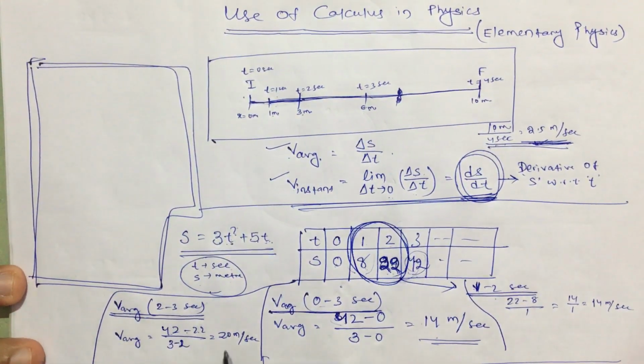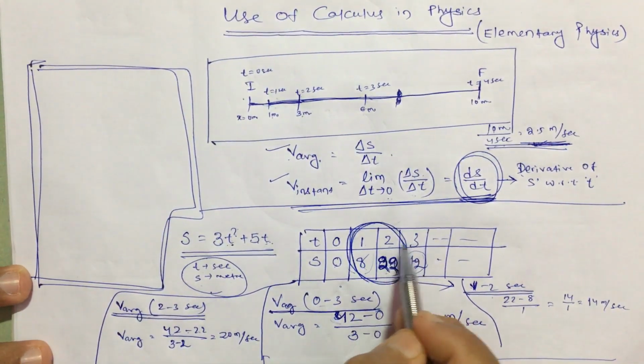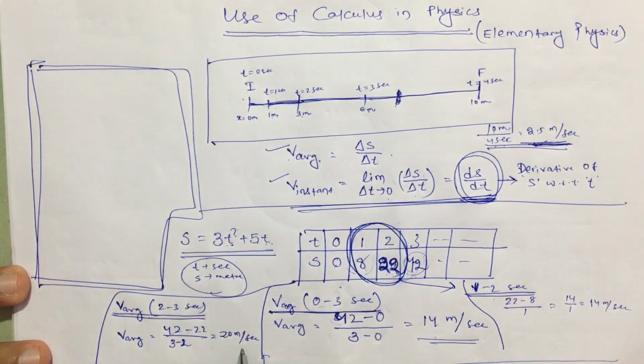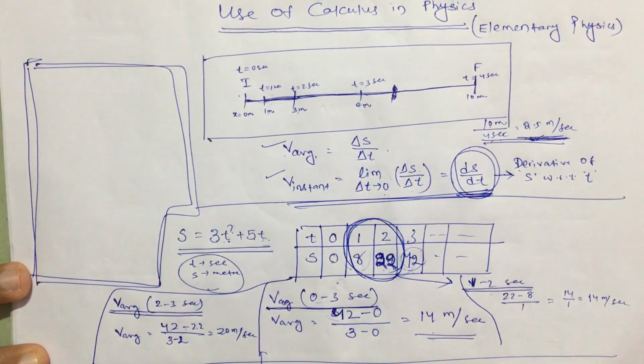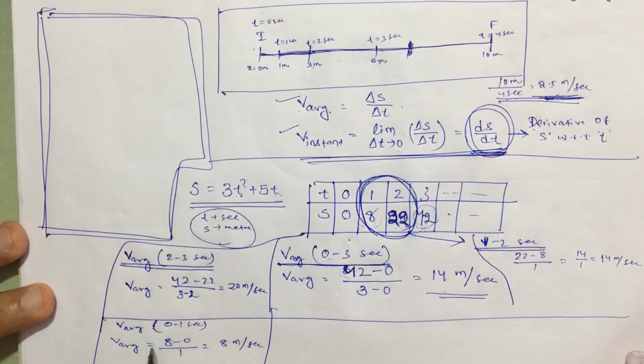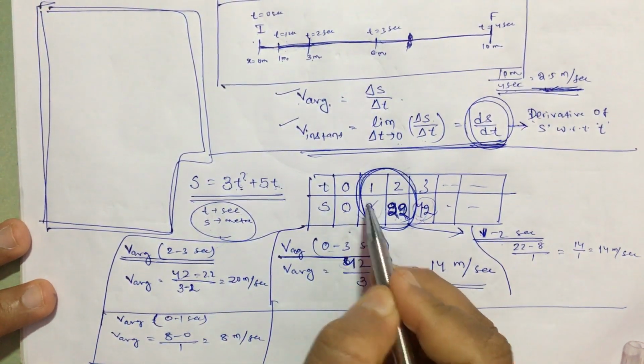So you will get 20 meter per second. So between 2 to 3 seconds it was travelling at 20 meter per second. Similarly, if we find the speed between 0 to 1 second, we will find that it has travelled 8 meter in 1 second.